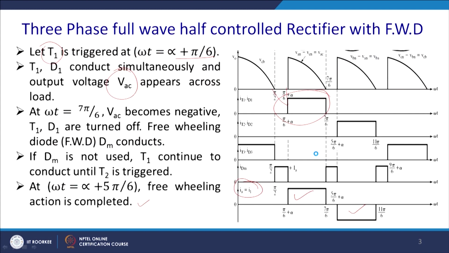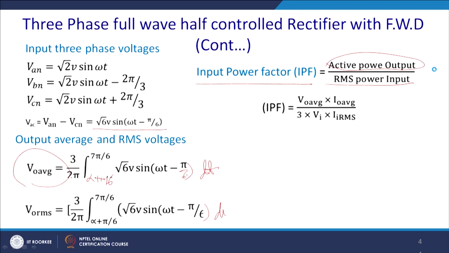So, if you have this portion without free wheel, then what will happen? The effective average value will come down, and thus the input power factor will be lowered. This is the expression of it: IPF equals the voltage average and the current average divided by 3 Vm Im RMS value.